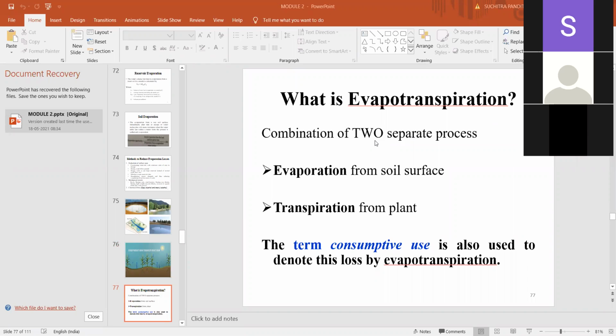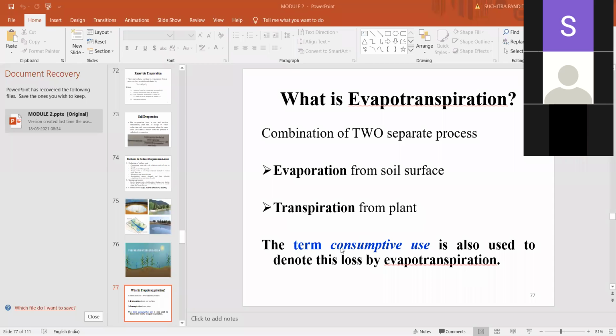It is a combination of two separate processes: one is evaporation from the wet soil surface in case of an irrigated land, and the other is the transpiration process from the plant leaves. The term evapotranspiration is also called the consumptive use, which is also used to denote this loss by evapotranspiration.